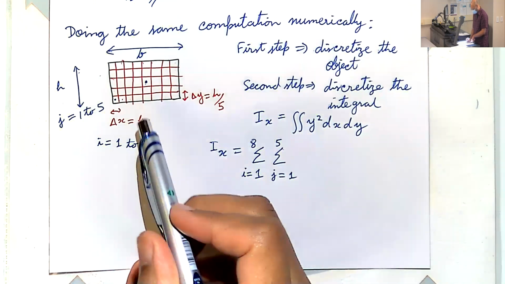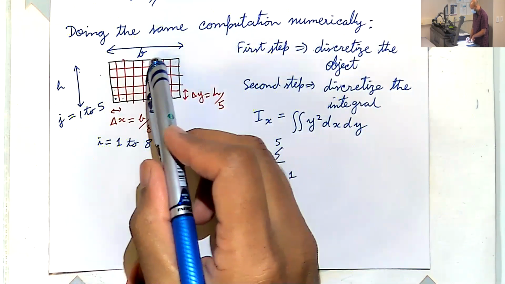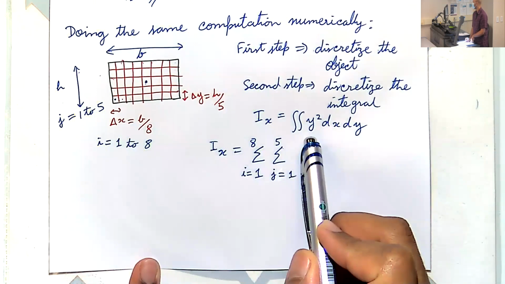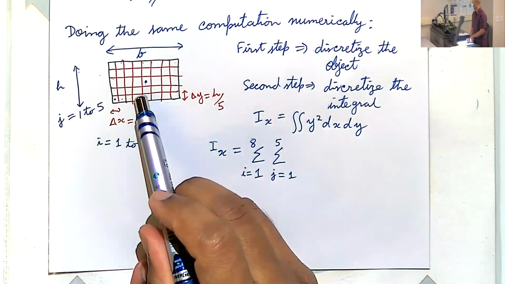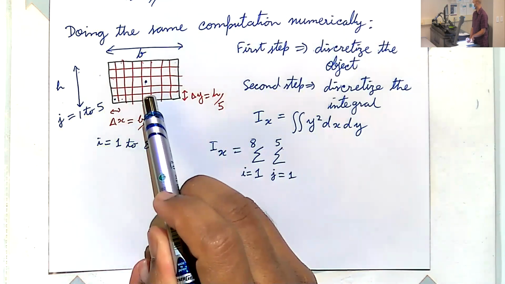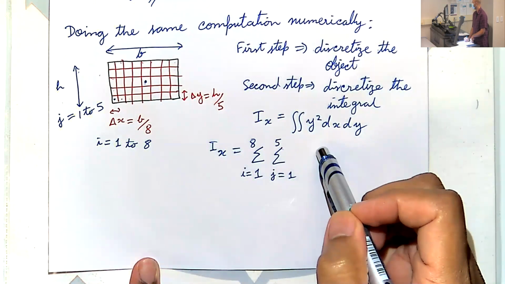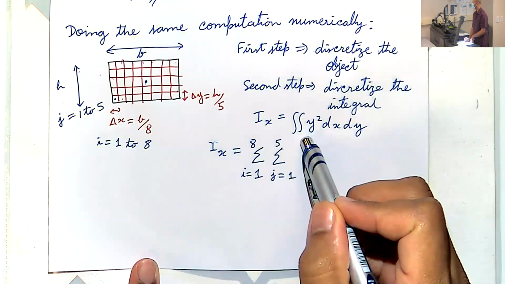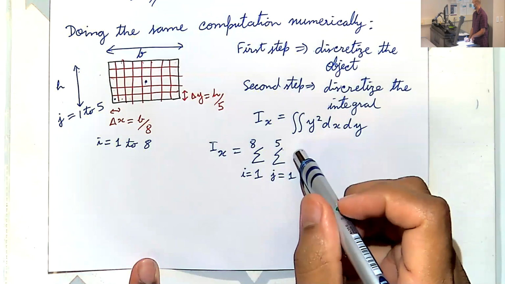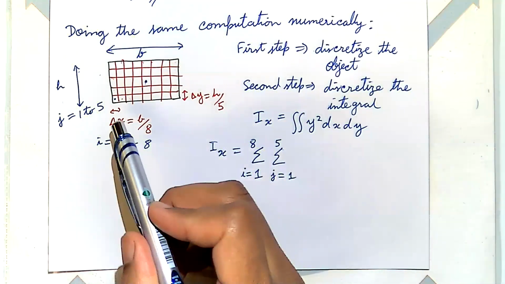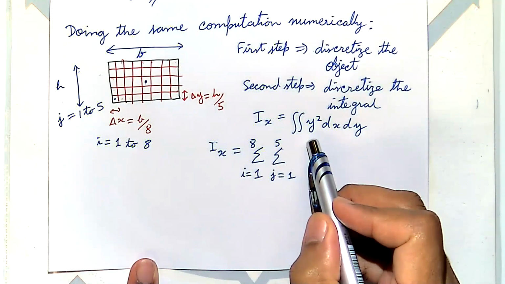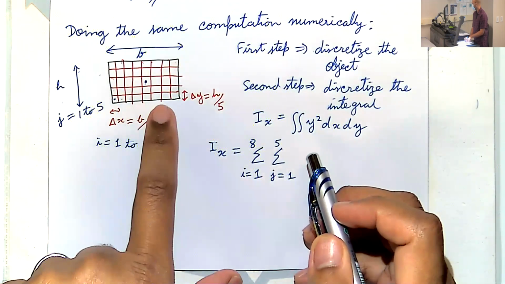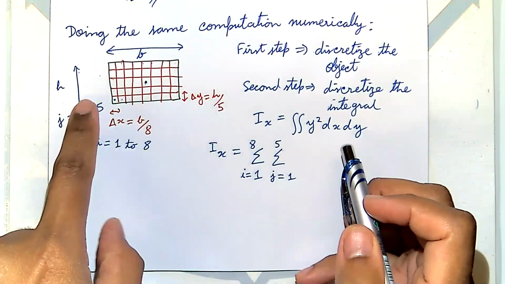Okay, so think in terms of boxes. What box am I talking about? It's the value of y at each box. Yeah, it will be the y for each individual box. So we basically have to compute y squared in each of these boxes.